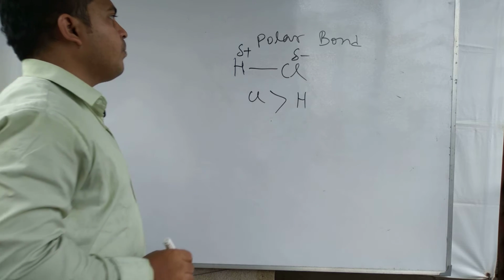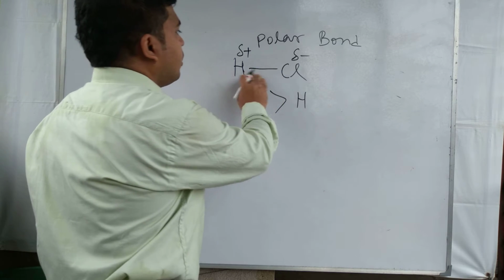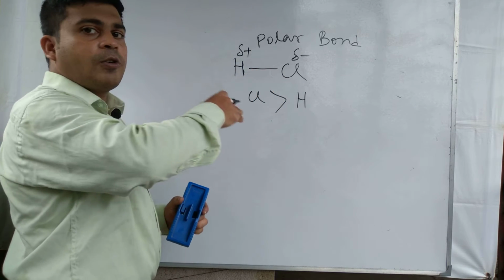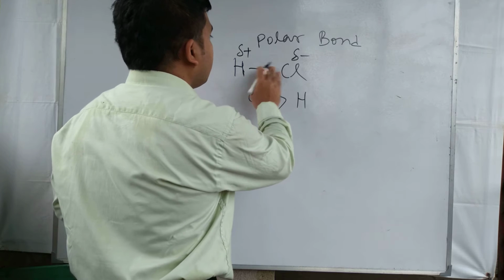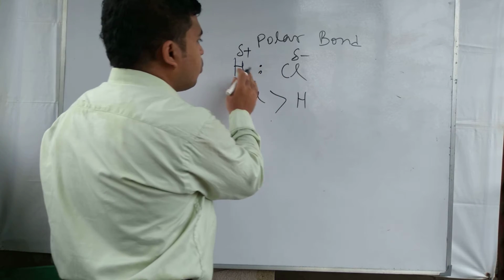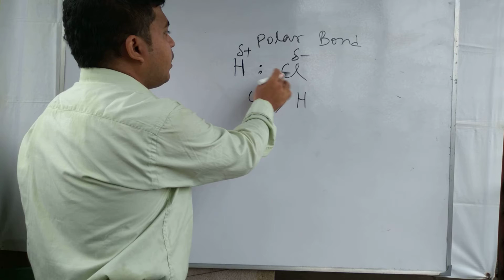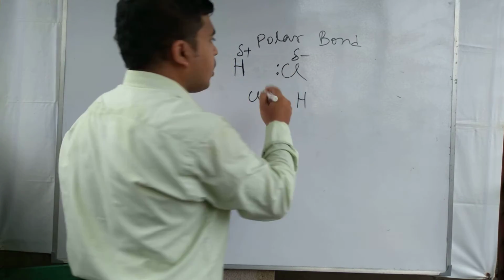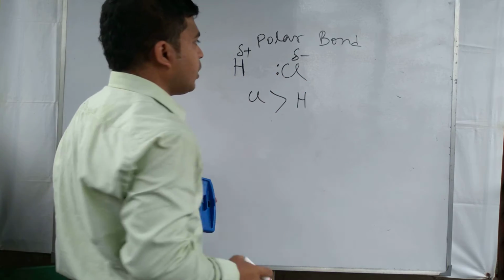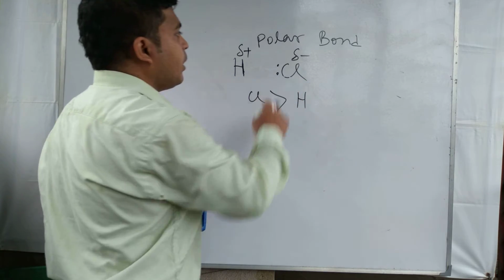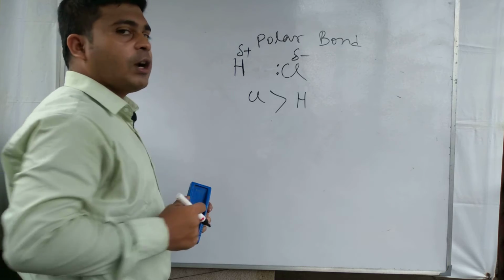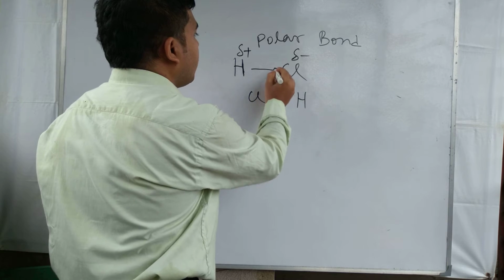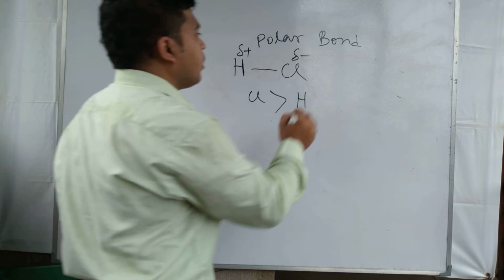The two electrons present in this bond are not equally shared. The electron pair between hydrogen and chlorine is shifted more towards chlorine, and chlorine acquires a slightly negative charge, delta minus, and for this reason the bond between H and Cl is called a polar bond.